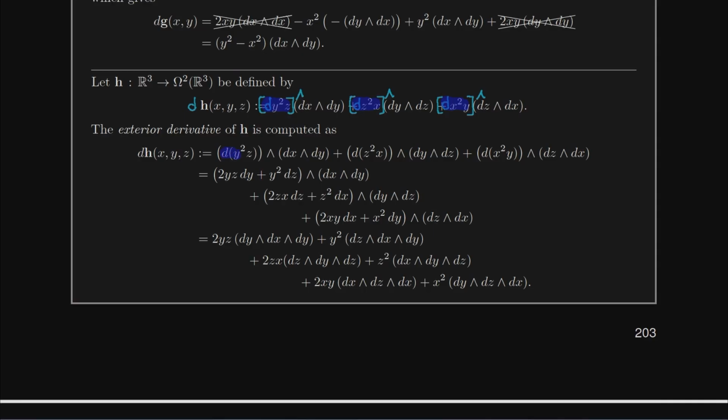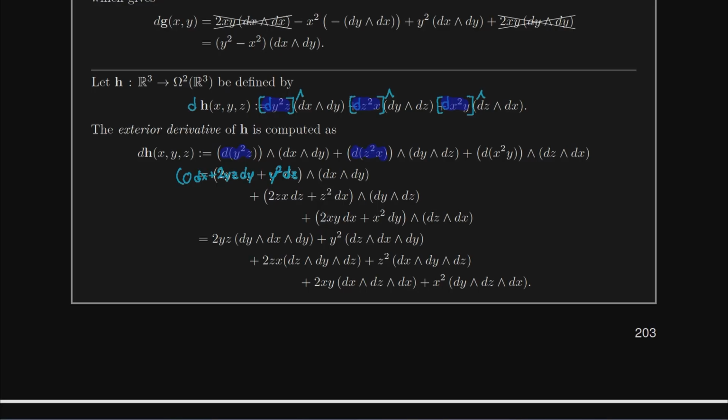So in the case of d of y squared z, I have a partial x on y squared z, but partial x is 0. So there really should be a 0 dx here, but I haven't included it because, of course, 0. And then I have partial y, which is going to give me 2yz, multiplied by the differential in the y direction. And then I have a partial z, which is going to give me y squared, multiplied by the differential in the z direction. I'm going to do the same thing with d of z squared x.